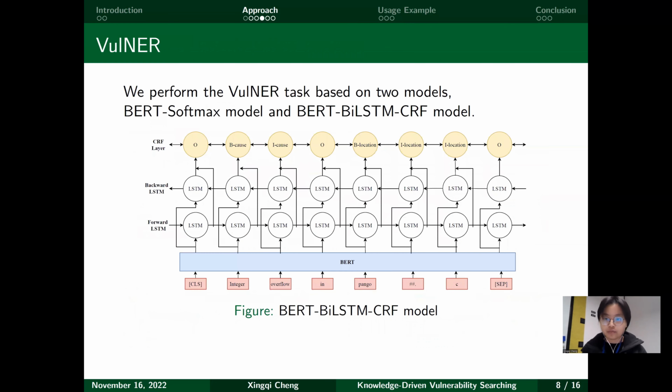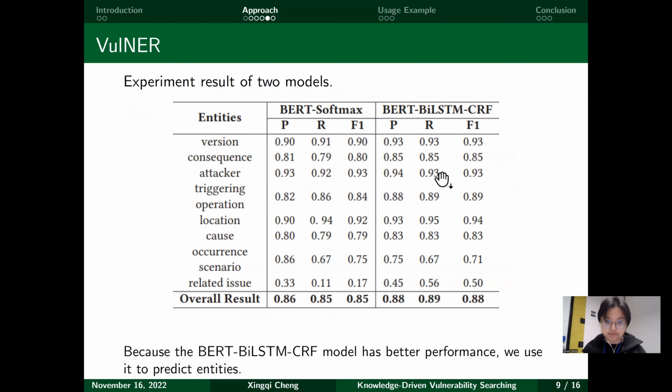Next, we perform our NER task based on two models. One is BERT Softmax and the other is the BERT BiLSTM CRF model. Unlike BERT Softmax, the BERT BiLSTM CRF model has one additional layer, which is the CRF layer. It captures correlations between outputs and adds restrictions on the output, making the output more reasonable and precise. So here is the result of the two models.